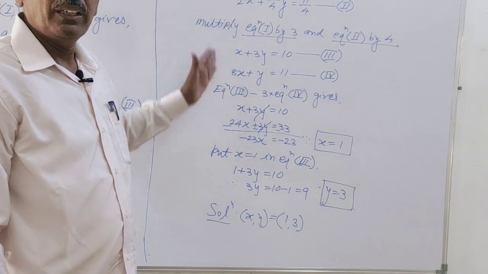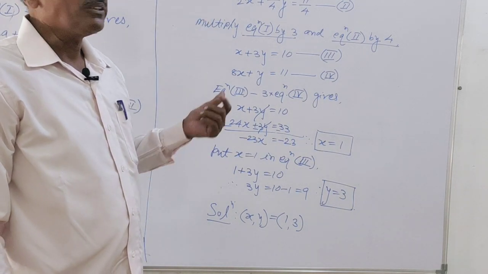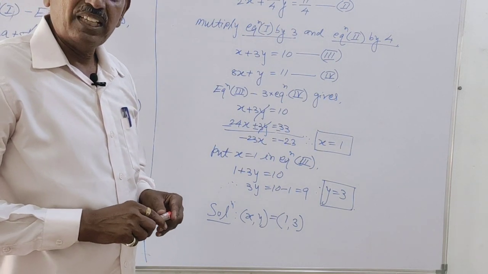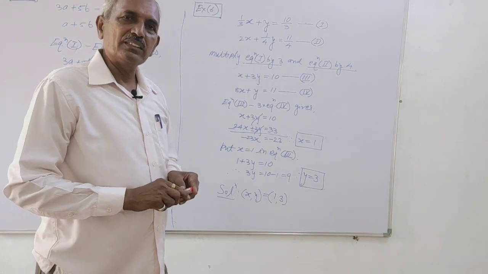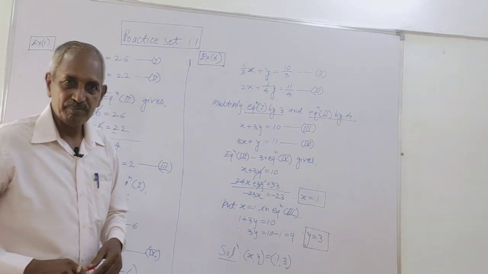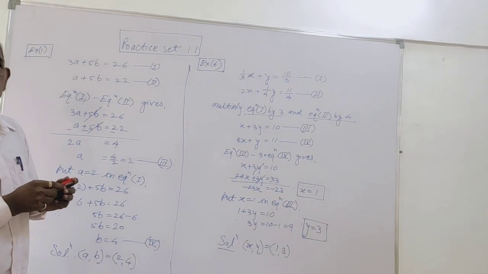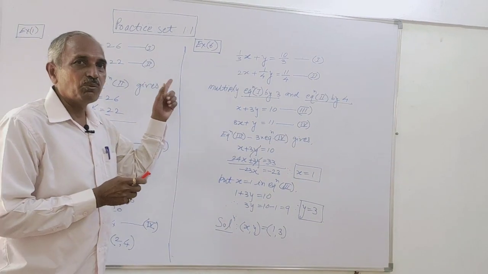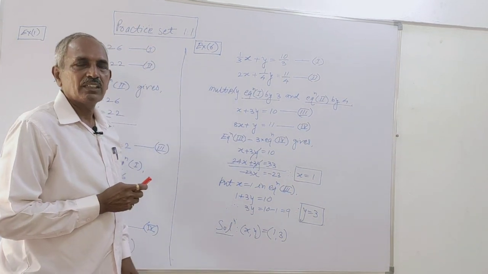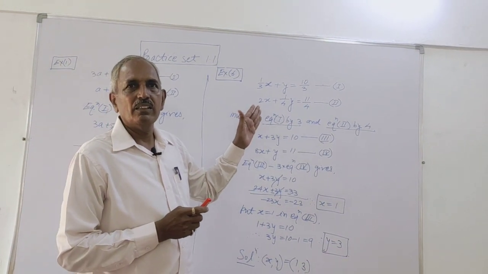So this way you have to solve the examples. Remaining examples from the practice set you can try at home. If there is any doubt, we will discuss it tomorrow. Okay? Now the homework: from practice set 1.1, example number 1 we have solved.